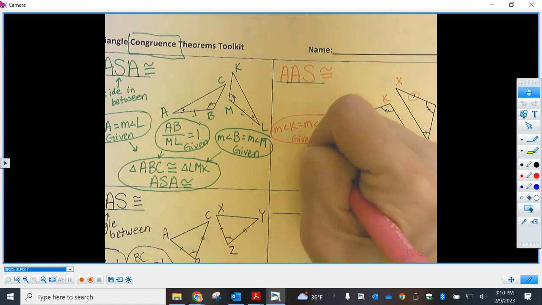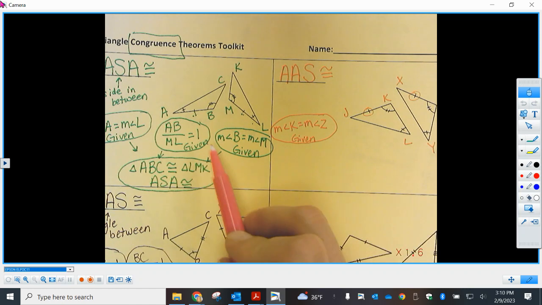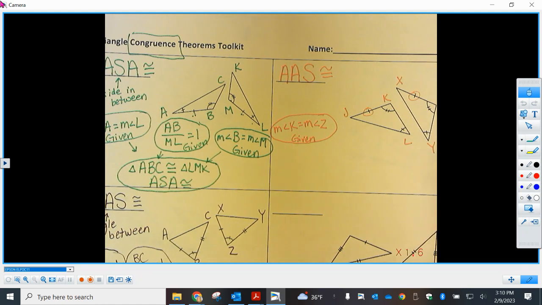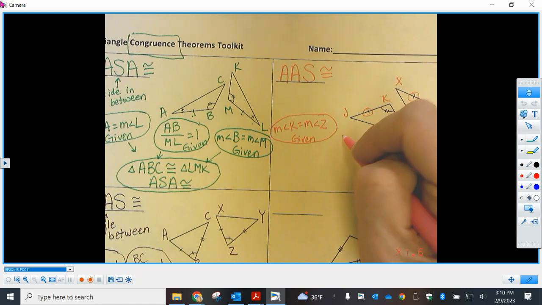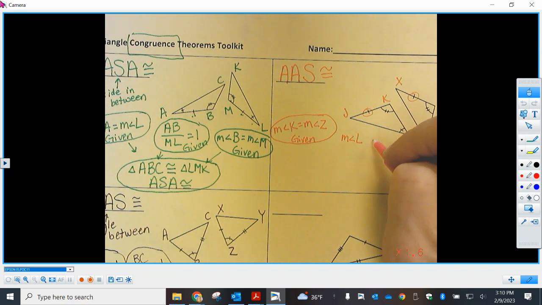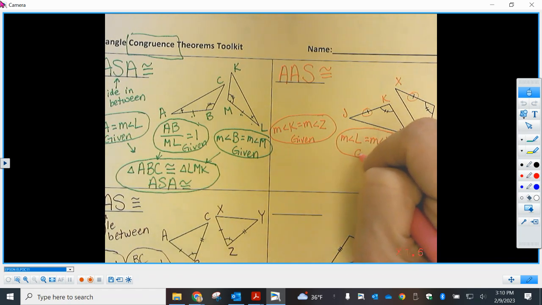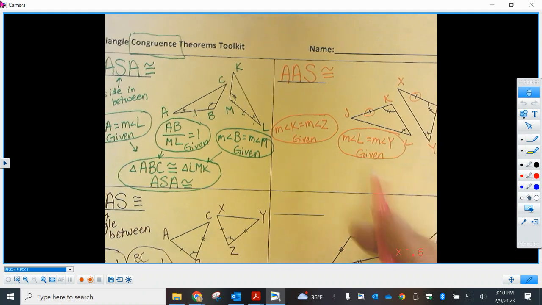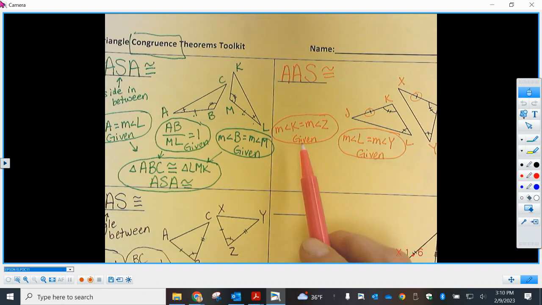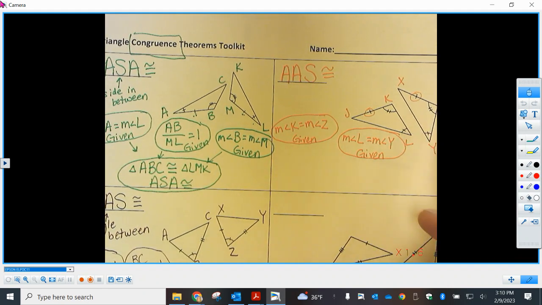You can write that inside or outside, it doesn't really matter. I wrote it inside here, I wrote it outside down there. Next up, the measure of angle L equals the measure of angle Y, given. So again, we know they're similar. We have two angles.